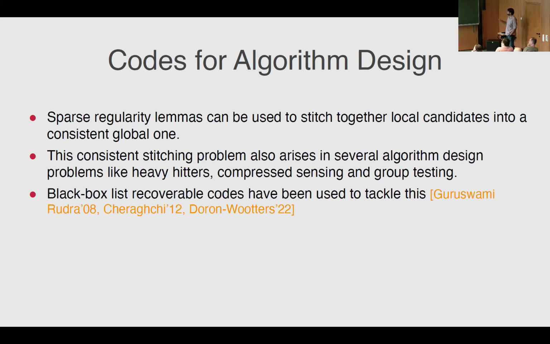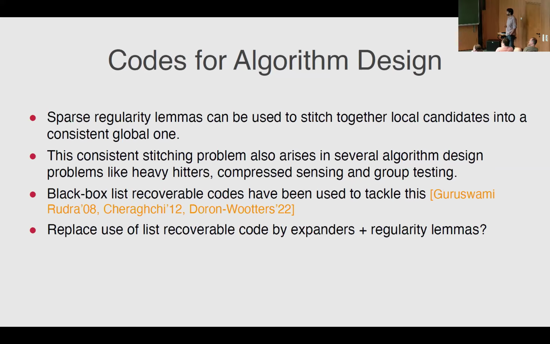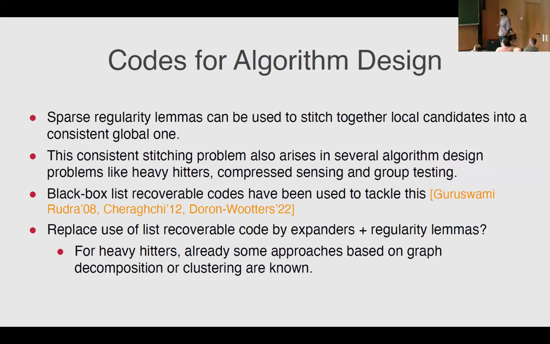There are different applications where black box list recovery is used. Maybe we should be replacing those, at least some of those, by expanders along with regularity lemmas. And it's not a coincidence for heavy hitters.